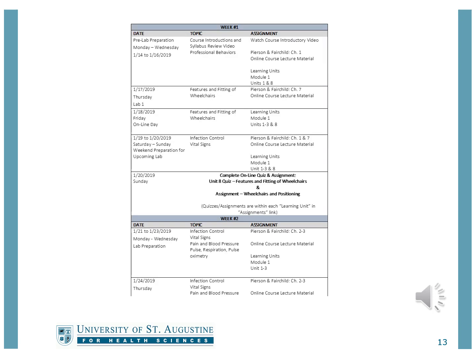As you go through the last pages of your syllabus, you'll see the week-to-week breakdown. You can see that for this week, you have some pre-lab preparation. So go ahead and start reviewing Unit 1 and Unit 8 on the left-hand side of the course navigation page, and also Chapter 1 and Chapter 7, which is the intro to the course and also getting you acquainted with the wheelchair features.